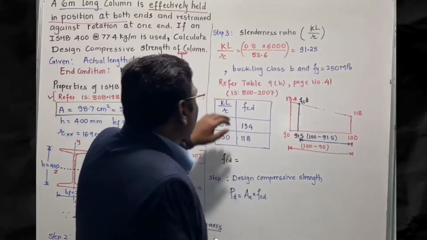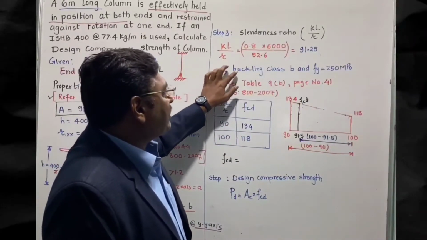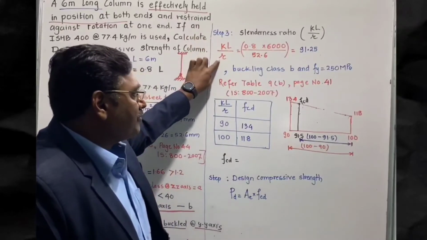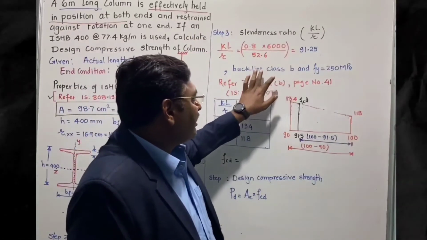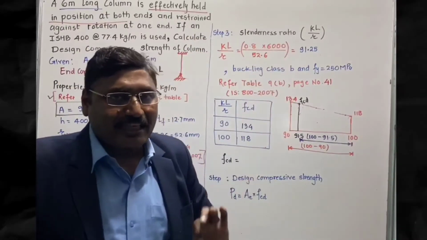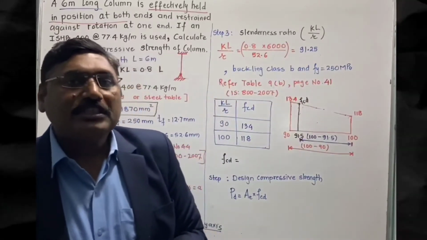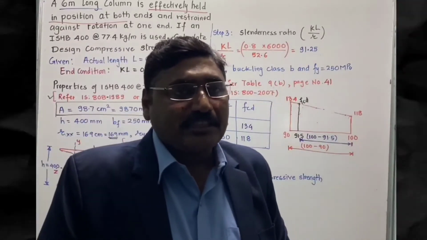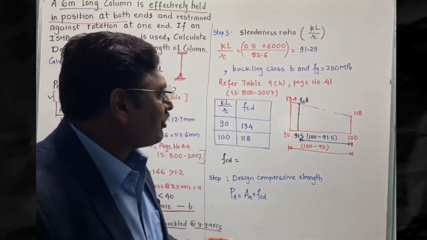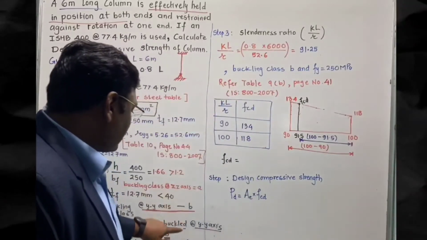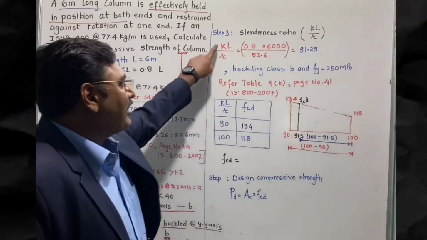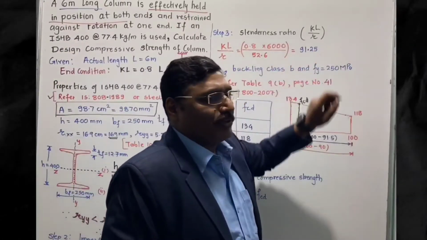So here the design compressive stress depends on the KL by R value, then the buckling class, whether A, B, C or D, and the yield stress. So we have the yield stress, the material stress is 250 Newton per mm square. Buckling class by calculation we got B, and KL by R is 91.25.